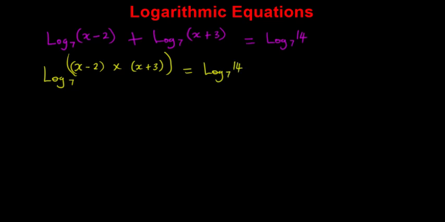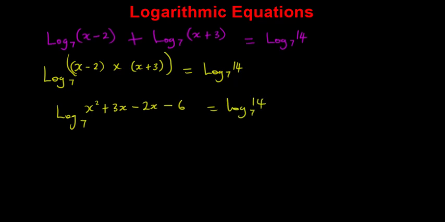So what we need to do now is to expand this. So that gives us log of x multiplied by x, that's x squared, plus 3x minus 2x minus 6, all to the base of 7 is equals to log 14 base 7.